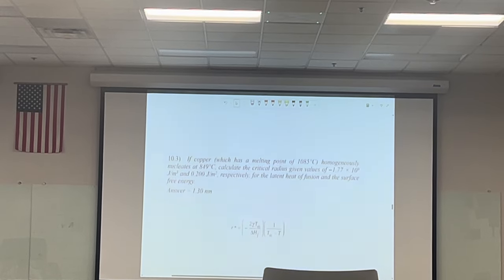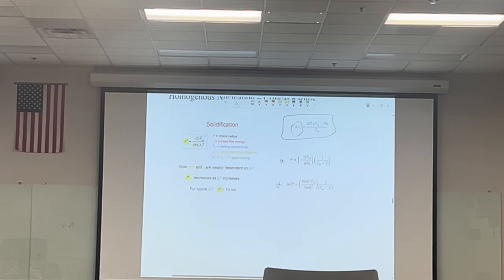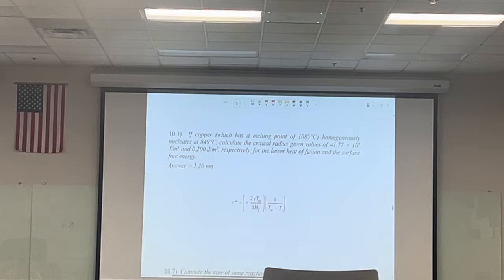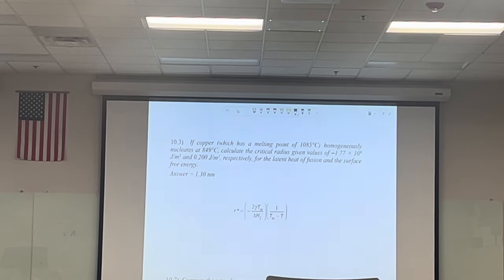So what does it mean? Look, the latent heat of fusion is this delta HF. That's the latent heat of solidification or fusion. And the melting point Tm is this number up here, 1085, and the gamma, the surface energy, is also given.